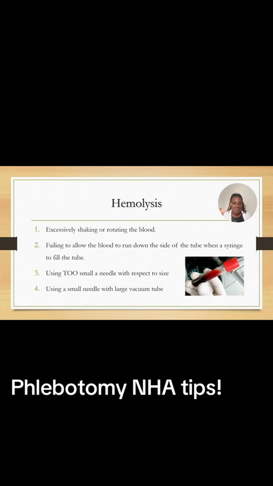Remember them, okay? This is how you will pass your exam when it comes to pre-analytical errors. Remember, pre-analytical errors are: what did I do with the patient or before I sent out the specimen? What happened? It's based on the phlebotomist and the patient at this time, all right?